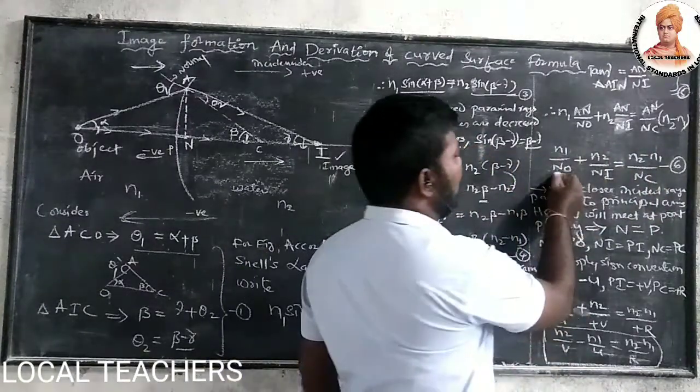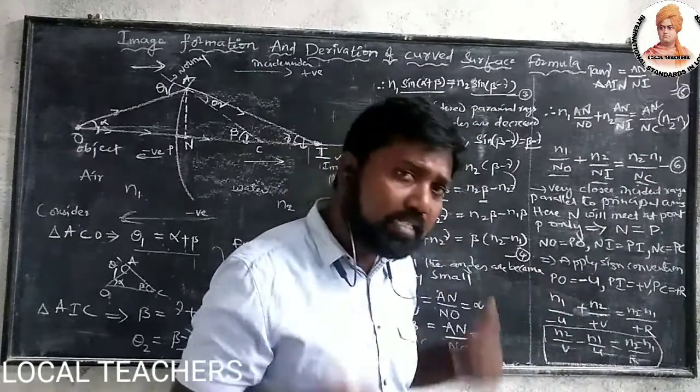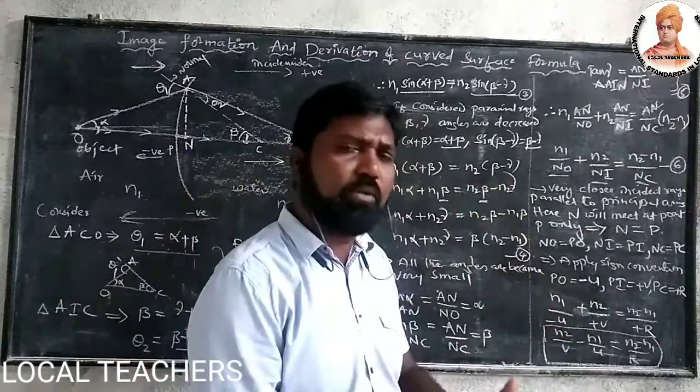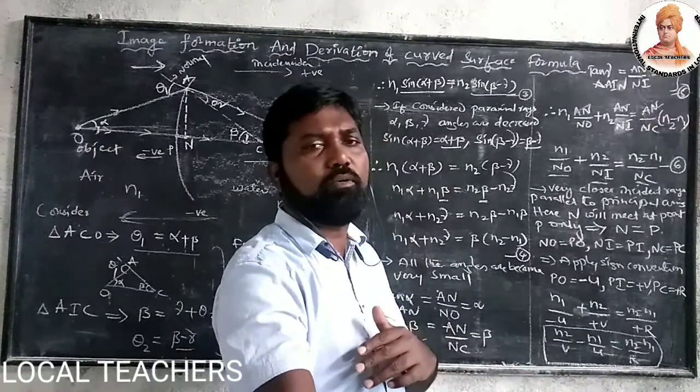Here I considered paraxial rays which are very close to the principal axis, so ultimately N reaches P only.